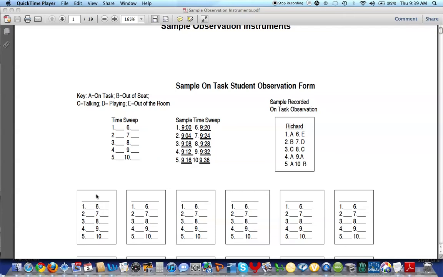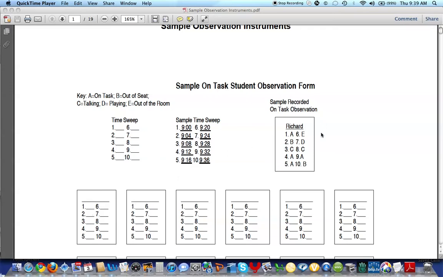So if you had Richard's name here, and it was at 9 o'clock, and Richard was out of his seat, you would record a B. If Richard at 9:04 was talking to a student, let's say, you could also have one properly answering a question, but let's say we'll say talking to a friend, you would put C over here.